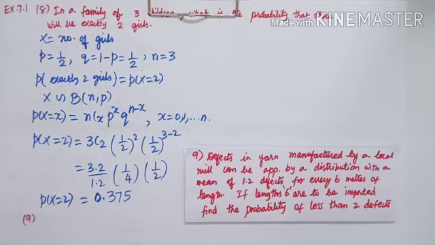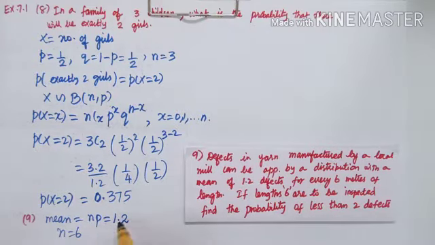Exercise 7.1, question number 9. Defects manufactured by a local mill can be approximated by a distribution with a mean of 1.2. As I read it as mean, let me write mean formula. As I recall, it is np, which is 1.2. For every 6 meters of length, that is n is equal to 6.